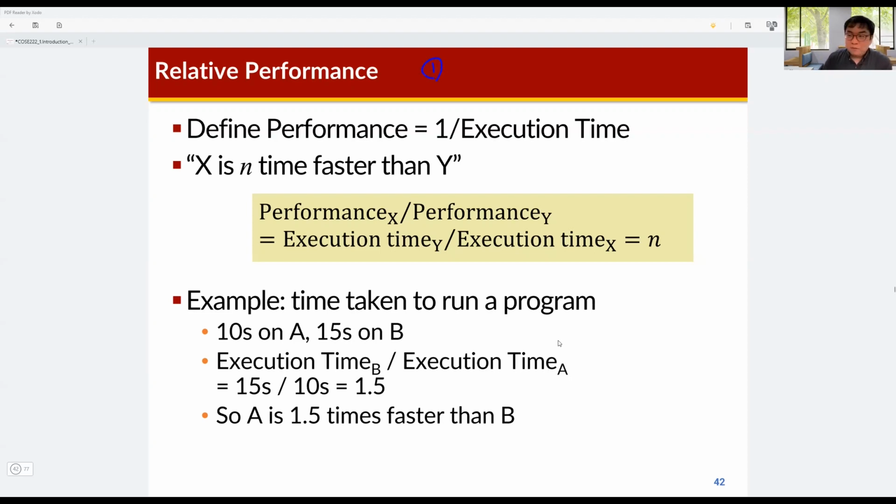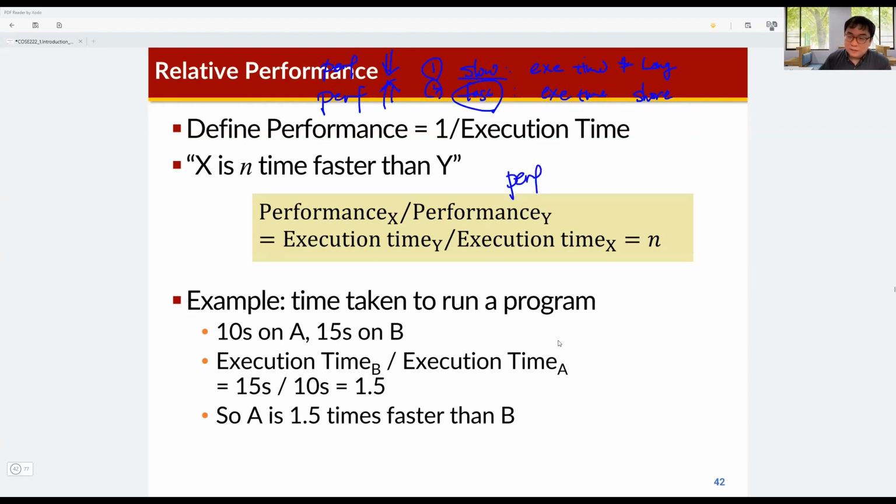I mentioned that if the computer is slow, slow means the execution time is long, right? And if the computer is fast, then the execution time is short. So we can say that for this slow computer the performance is low, and for this fast computer the performance is high, right? So it's very easy.